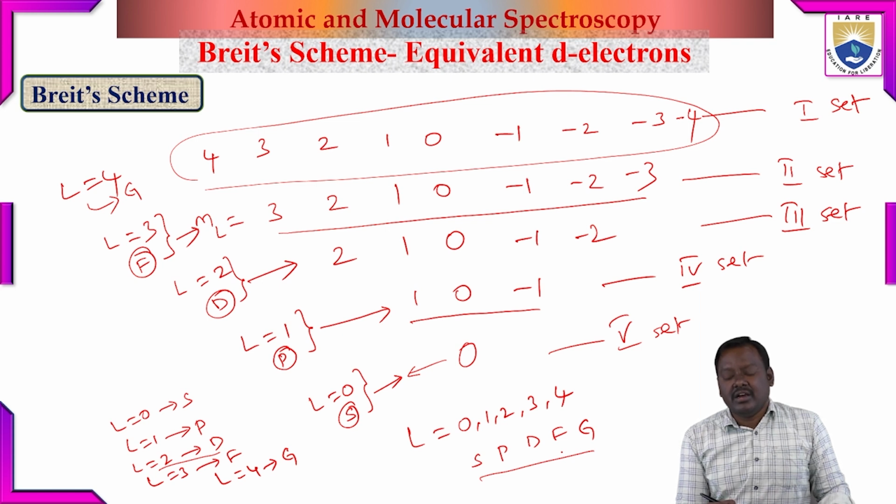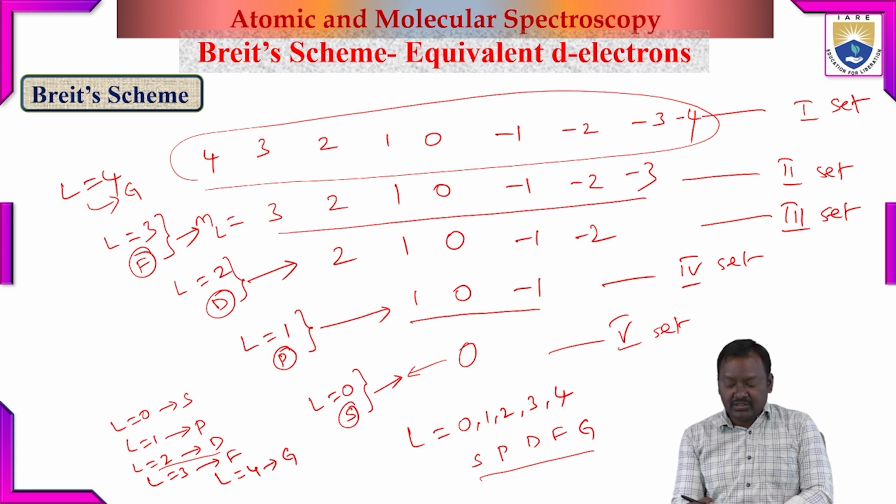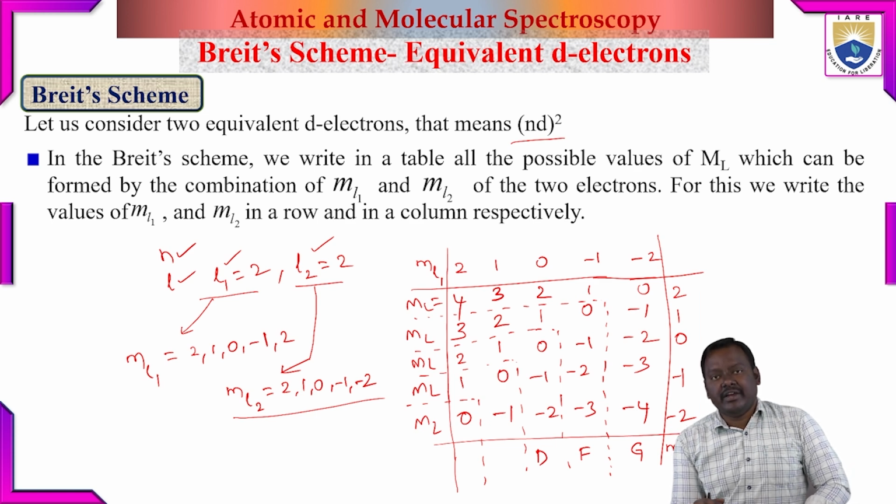Okay, and here when we observe, all these values are ML values only after taking the individual electron ML values.